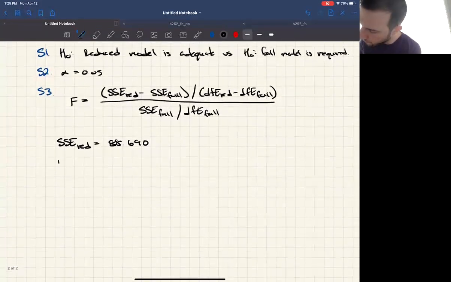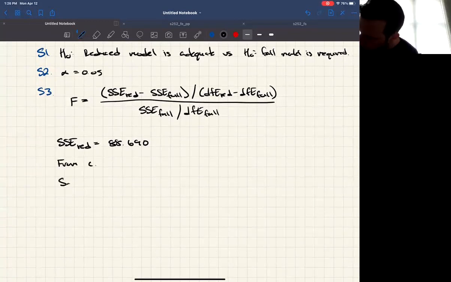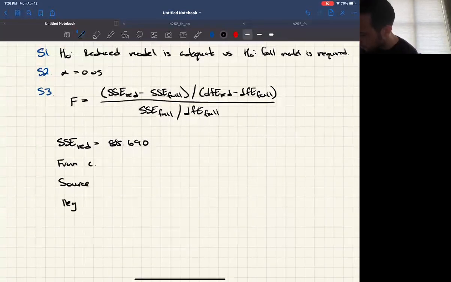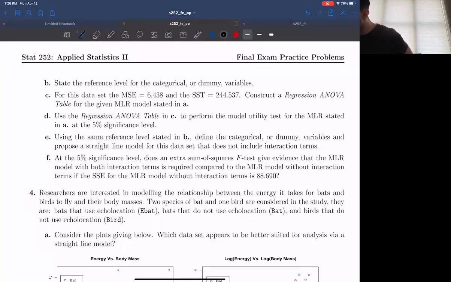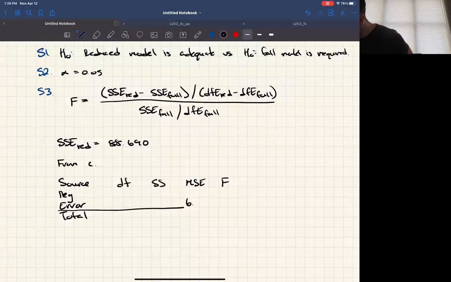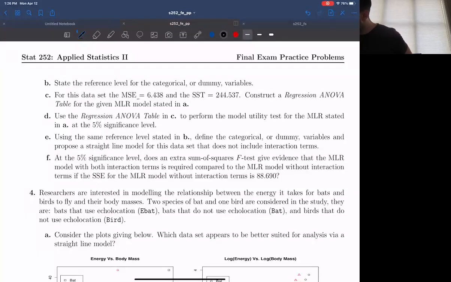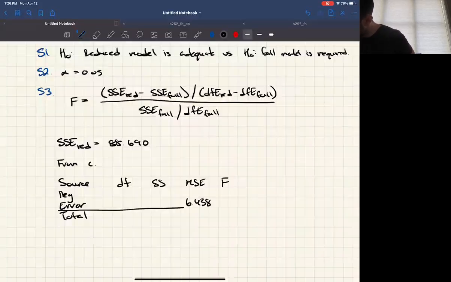So I'm just going to write from C: source, regression, error, total, with df, sum of squares, mean square, F. Part C tells us the MSE is 6.438, and the SST is 244.537.